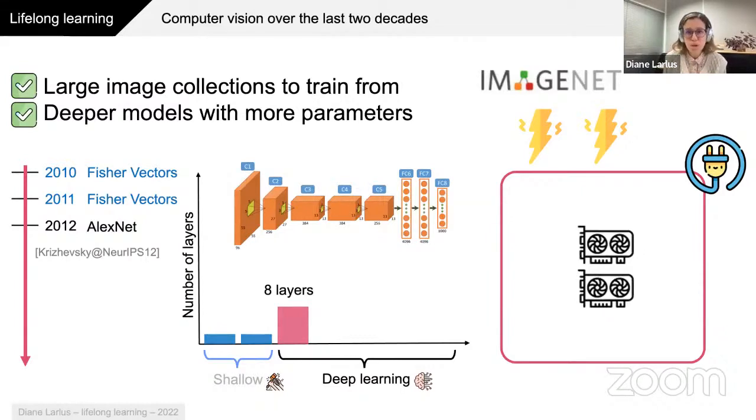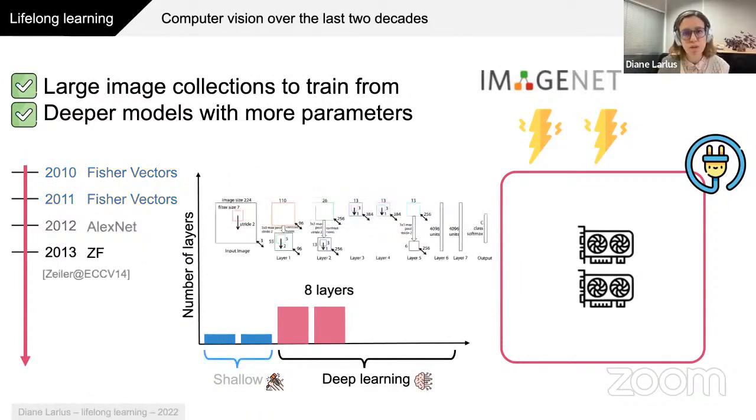And this was only made possible thanks to a very clever implementation by Alex Krizhevsky, where instead of running this method on CPU, they were actually running on 2 GPUs working hand in hand, and the implementation was directly in the language of the GPU, these graphical cards that were typically used for gaming. So really a big step, 8 layers was considered a lot, many parameters for these models.